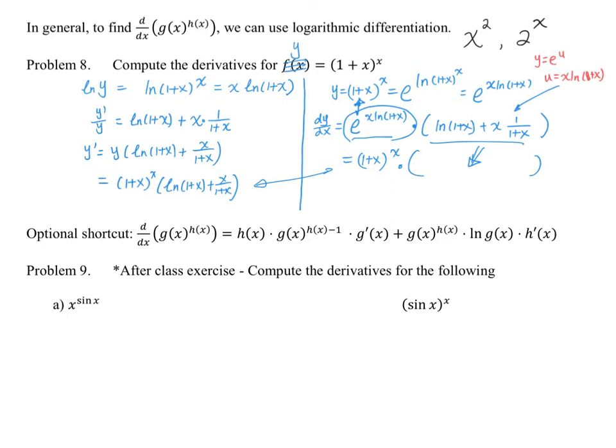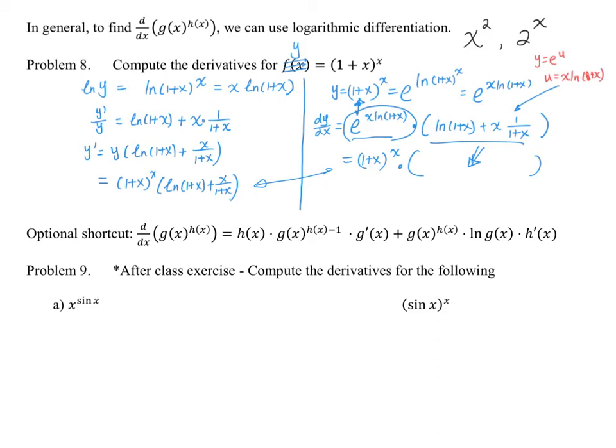Now we do have a shortcut. Let's take a look at these shortcuts. These shortcuts can actually be proved using either way, using logarithmic differentiation or rewriting it into base e.